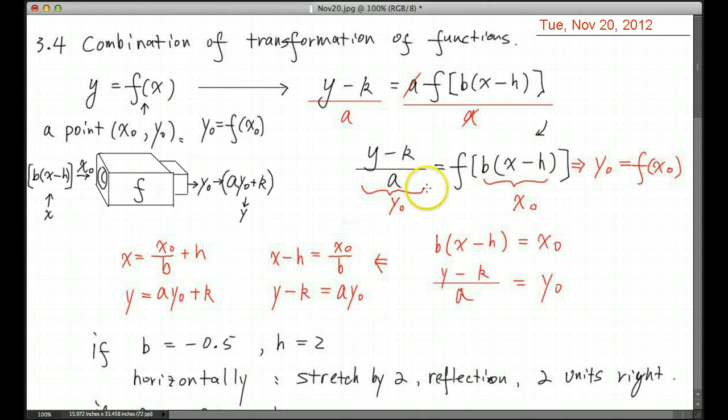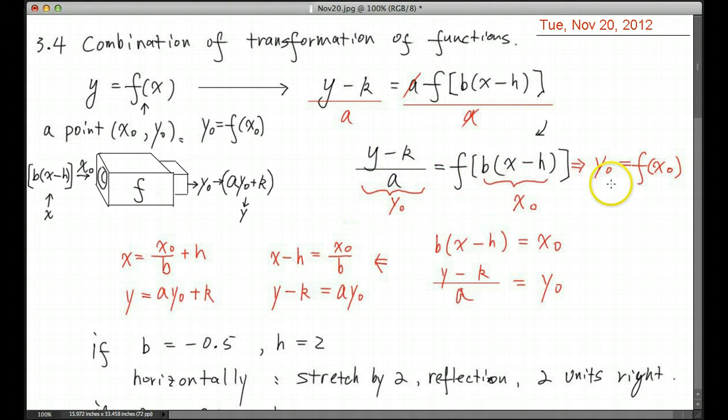So if you put x0 in, you definitely should get y0 out, right? So it's very comparable to the original function. Whatever you make the part inside the bracket be x0, then you must produce y0.